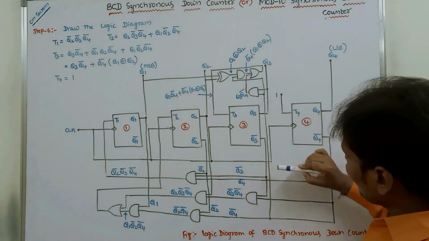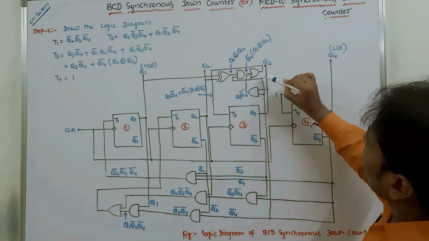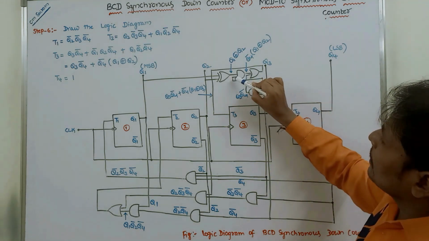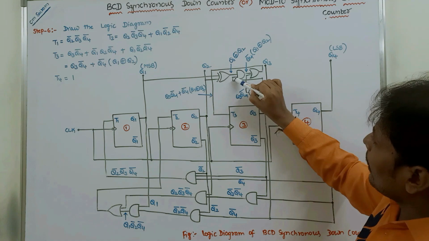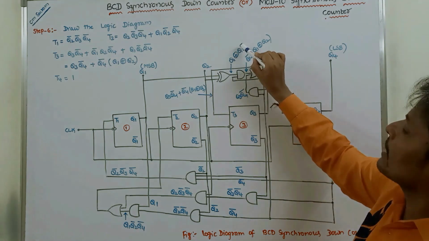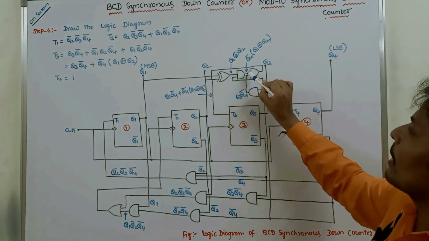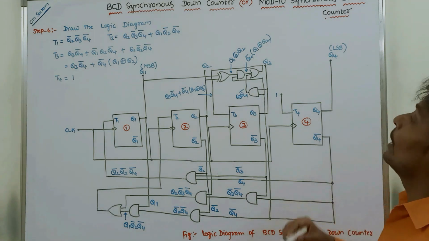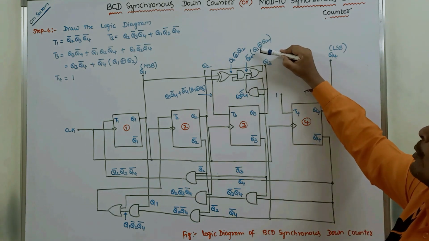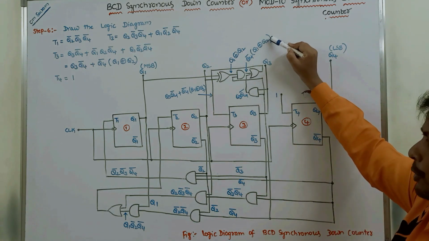Here I am taking the Q4 bar output. This is Q4 bar and this is Q1 exclusive OR Q2, which can be passed to a two input AND gate. We are getting Q4 bar into Q1 exclusive OR Q2.